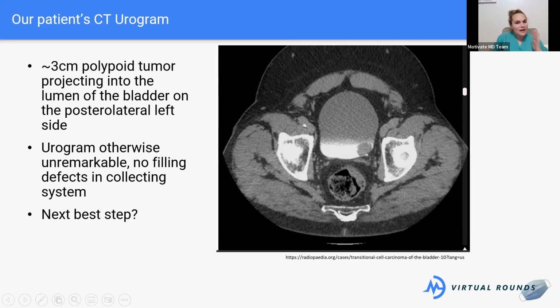Biopsy the tumor. Yes, we absolutely are going to have to do that. But do you remember how you would look at the lower urinary tract? Even though we did see the bladder on this scan, it was mostly to look at the upper urinary tract, and we saw that there were no problems with that.